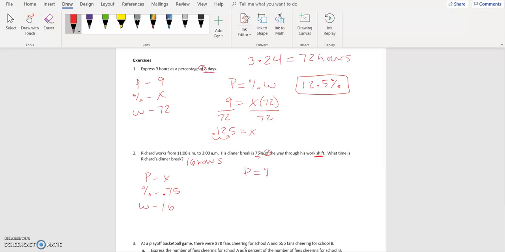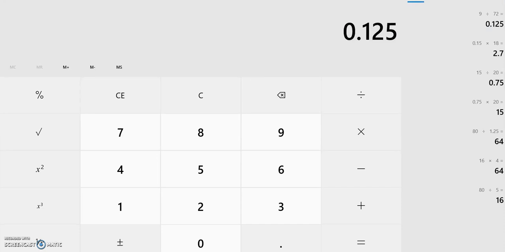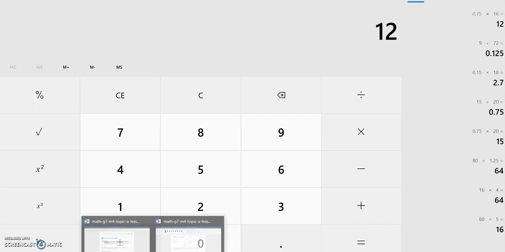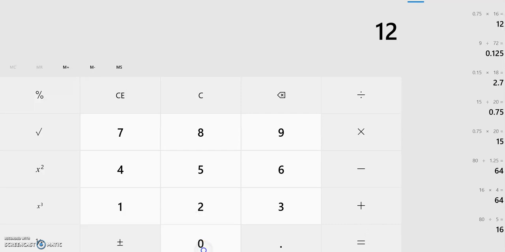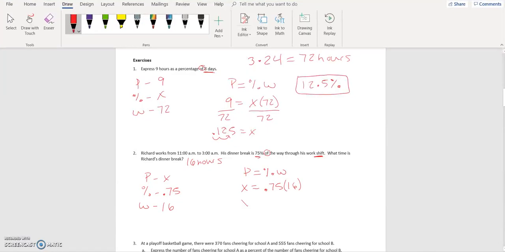Part is equal to percent times the whole. So 0.75 times 16 is equal to 12. So x is equal to 12.